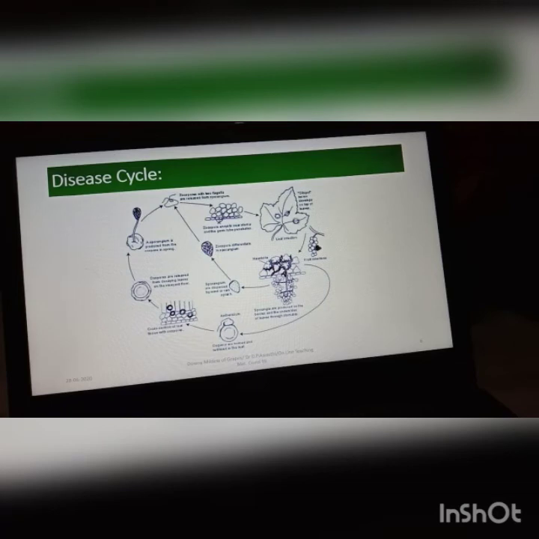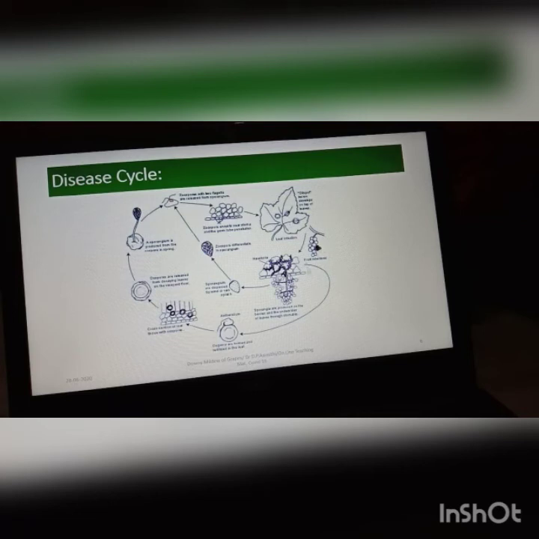These zoospores encyst and enter through stomata, and they will form a germ tube and penetrate, and then we will see the development of symptoms on leaves and berries. Here fruit infection is observed, and on leaves also.